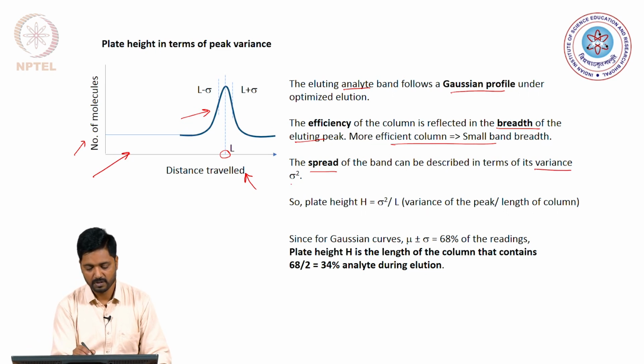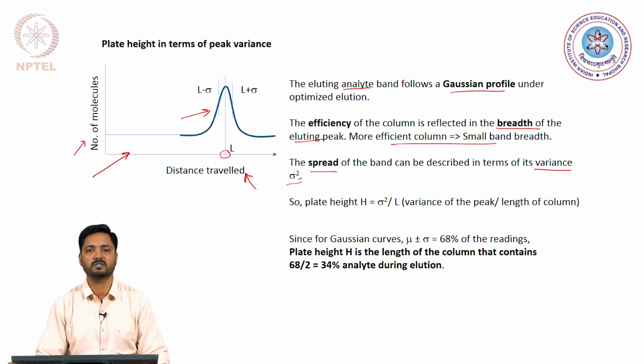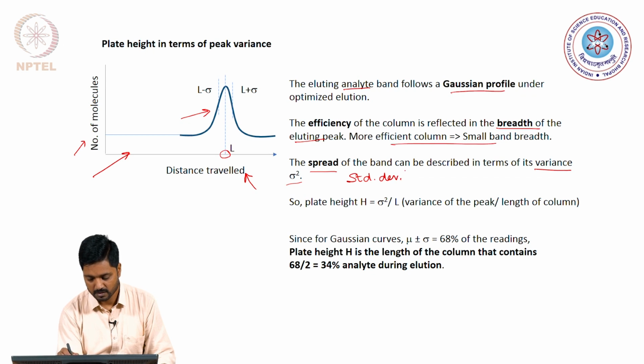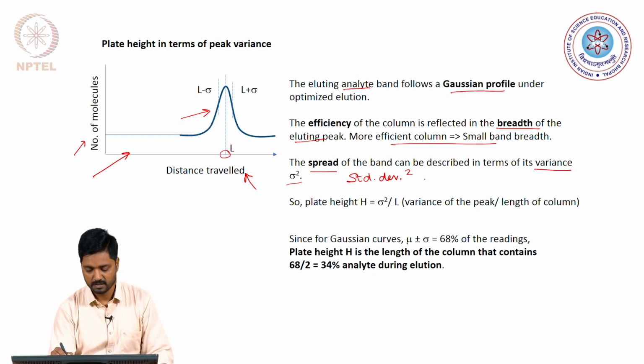We have studied in the previous classes that for any Gaussian profile we can describe the spread of the curve in terms of the variance, which is nothing but the standard deviation squared, where sigma is the standard deviation.